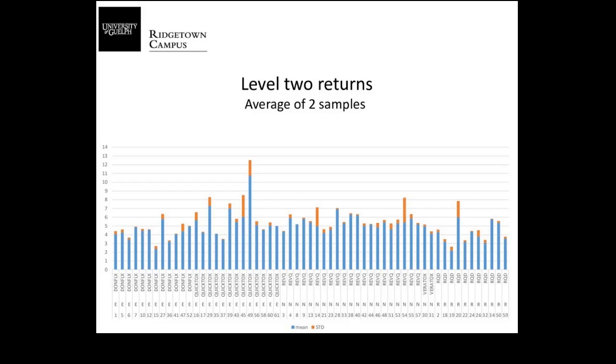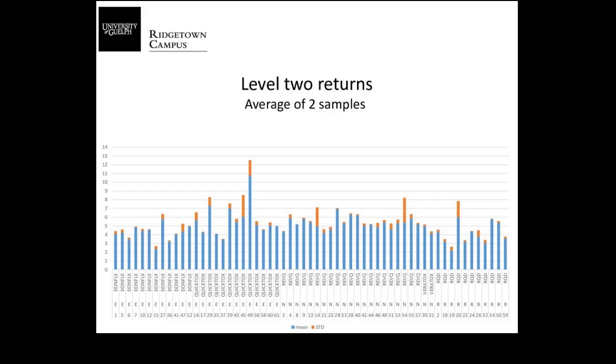So there was the Dawn Flex, Quick Tox, Reveal Q, Ridgetown, and so on. The letter codes, the E's and the N's and the R's, indicate the company involved, and then we have the sample number, location number at the bottom. And so that just gives you an idea of the variation.